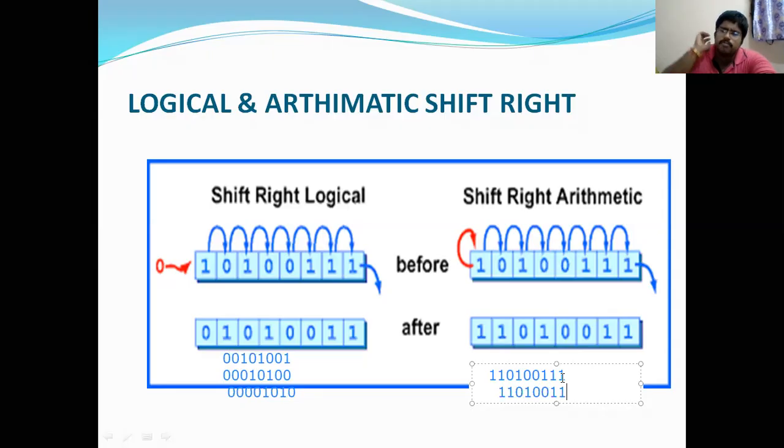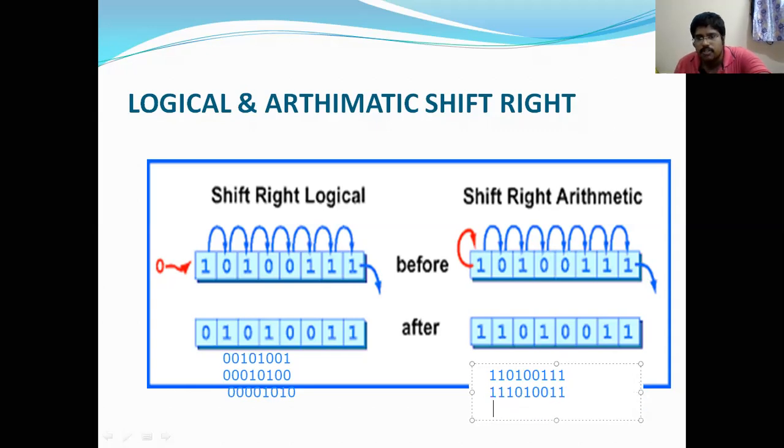We don't bother. So this is the position that was left unused. It should be filled with which value? Before shifting, what is the value present in this position? 1, isn't it? So that 1 is going to be replaced again. Okay, I think you are very much clear. Next, if I want to perform the shift once again, what is the value that is going to appear once again?